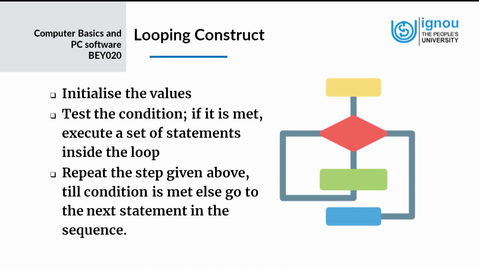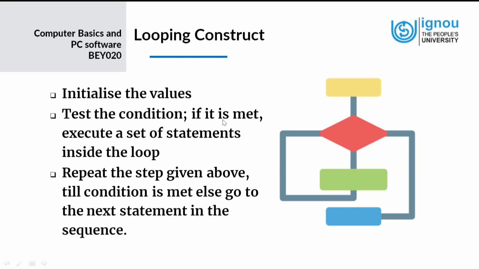But in addition to if-else, there is a very important concept called the looping construct. The looping construct goes like this: over here you might do some initialization, so you may initialize the values in this zone. Then you test a condition, and the condition has only two outcomes.